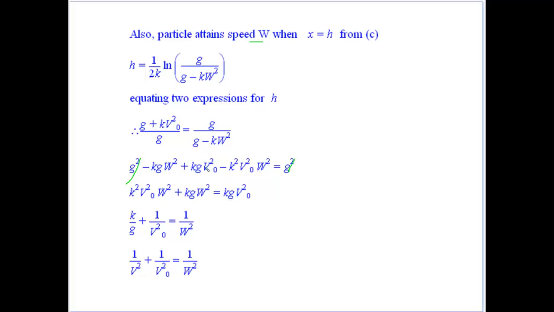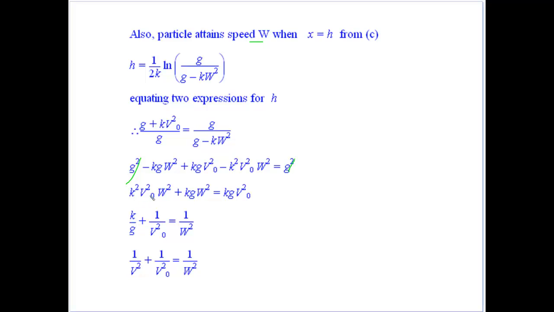So we've taken these two across one side, so we're all now positive values, and we start to divide some expressions. So we divide by the k, divide by the g's, and we get the 1 on w squared, divide by w squared as well, divide by v0 all squared.